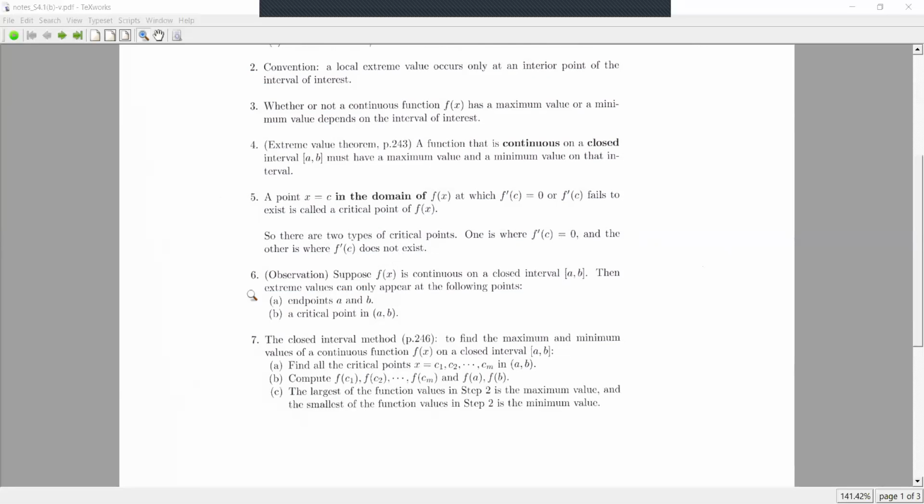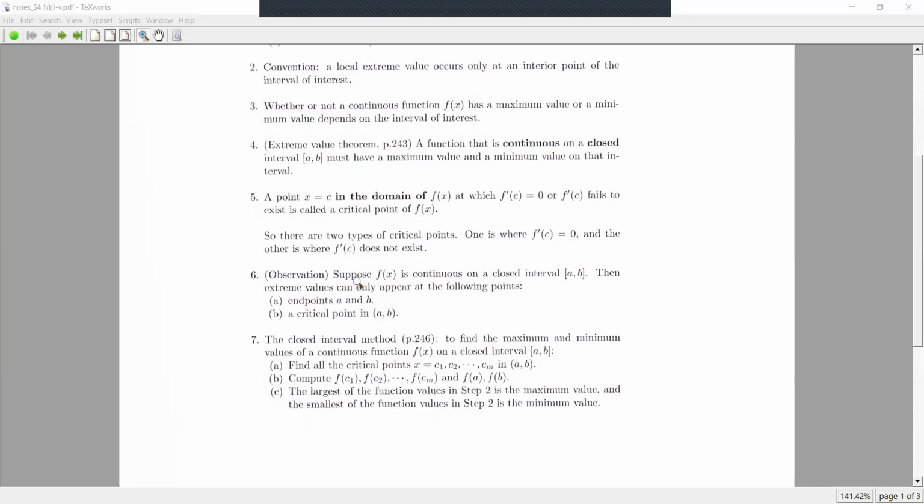Review number 6. This is an observation. Suppose a function is continuous on a closed interval. According to the extreme value theorem, this function must have a maximum value and a minimum value.